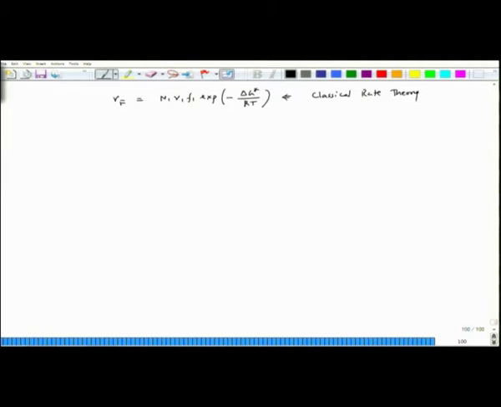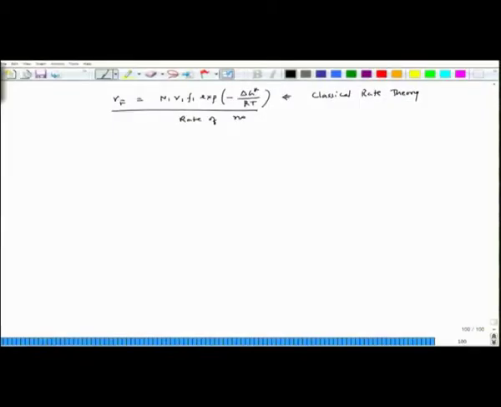This entire equation indicates the rate of number of moles of metal atom going to ion formation, and this is basically a thermally activated process.